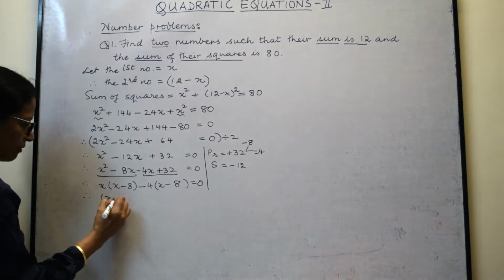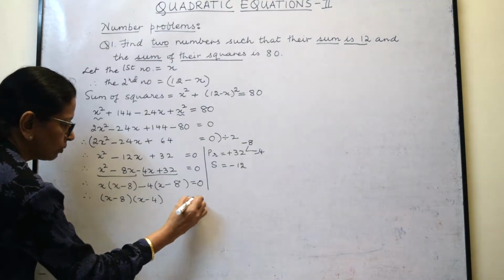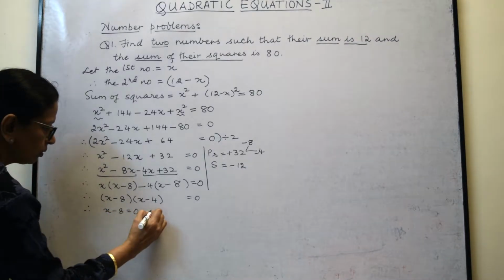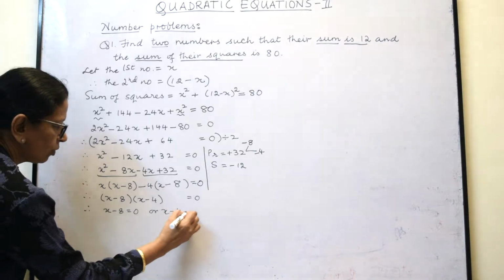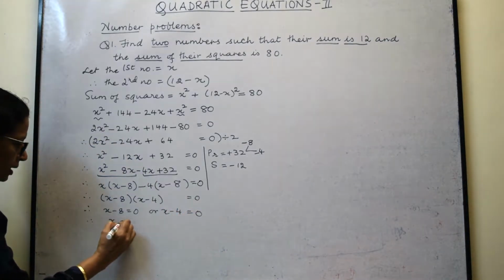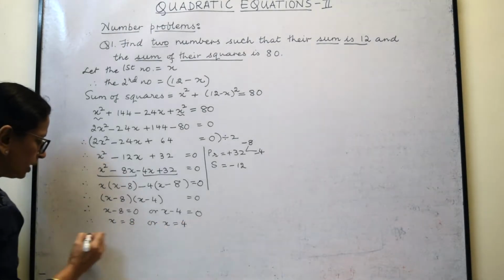And therefore you will have x minus 8 into x minus 4, and that's equal to 0. Therefore you will have x minus 8 equal to 0 or x minus 4 equal to 0. And that is going to give you x equal to 8 or x equal to 4.